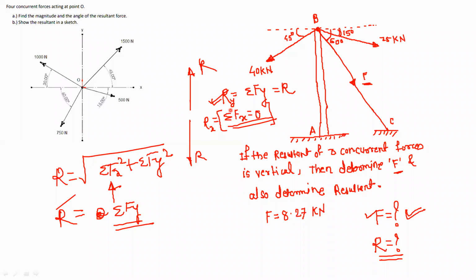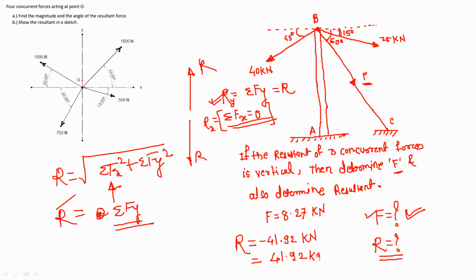And the second equation, R is equal to summation Fy. By using this equation, we will get the value of R, that is the resultant. It is equal to minus 41.92 kilonewton. So what does this negative sign indicate? That means the resultant is acting in the downward direction.